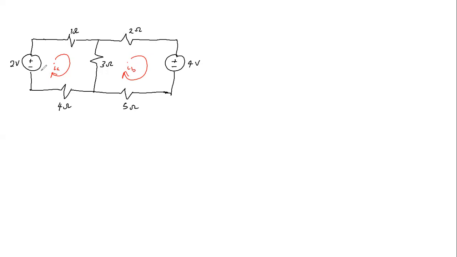And all the exterior branches have their polarities fixed by the sign convention. So if current flows in this direction, for instance, then this is going to be positive. We call them external branches, not the internal branches.